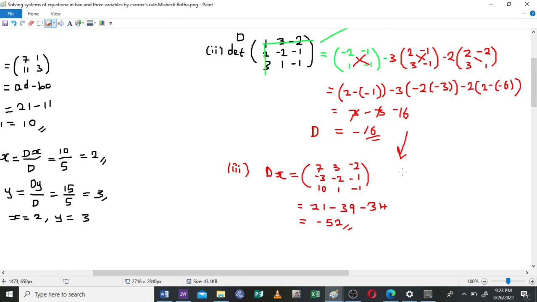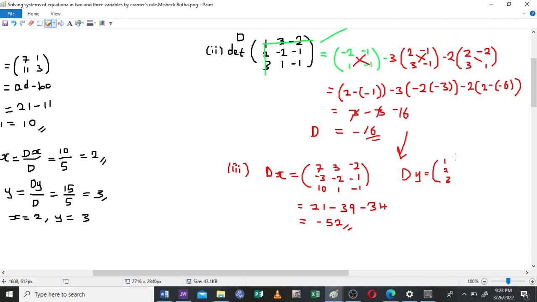Again, you are going to solve for dy, right? So dy, that means your second column, which involves the coefficients of y variables, is going to be substituted by the matrix of constants. So if that happens, the first column will remain the same. So you have 1, 2, 3, right? This was the original.